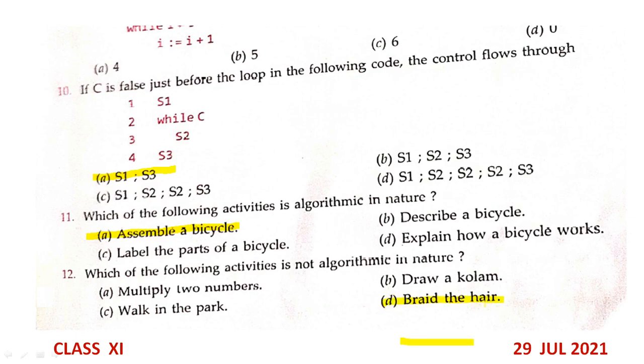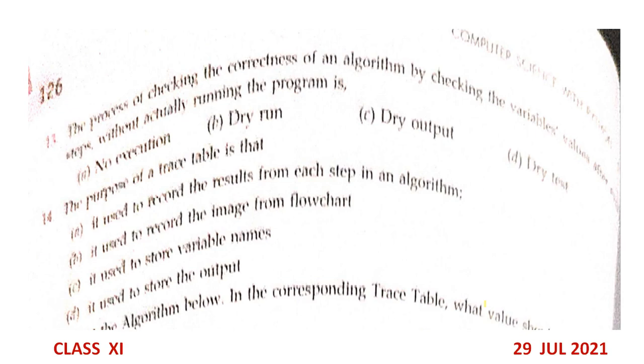The 13th question, the process of checking the correctness of an algorithm by checking the variables' values and steps without actually running the program is called as no execution, dry run, dry output or dry test. Basically it is nothing but dry run. Without the computer, you just follow the steps to see whether the algorithm is giving a solution or not.